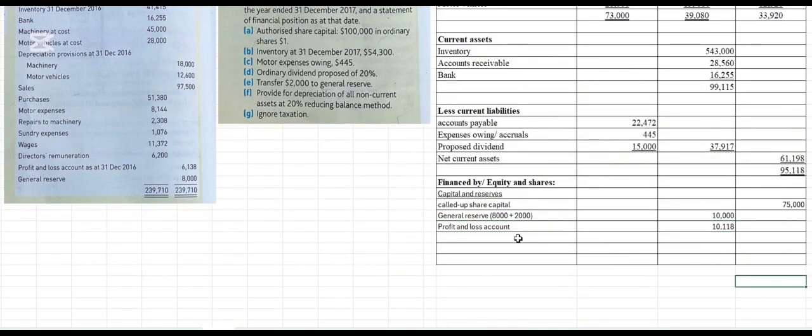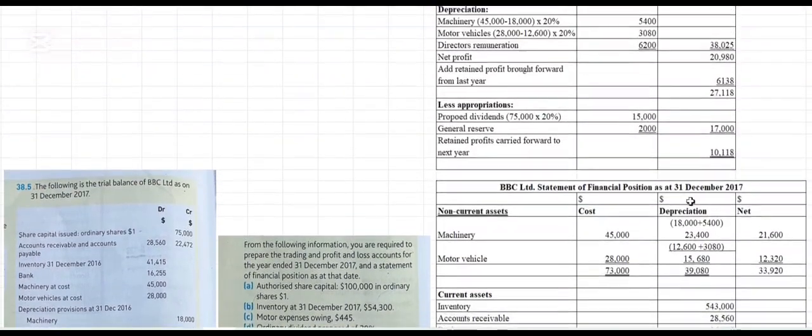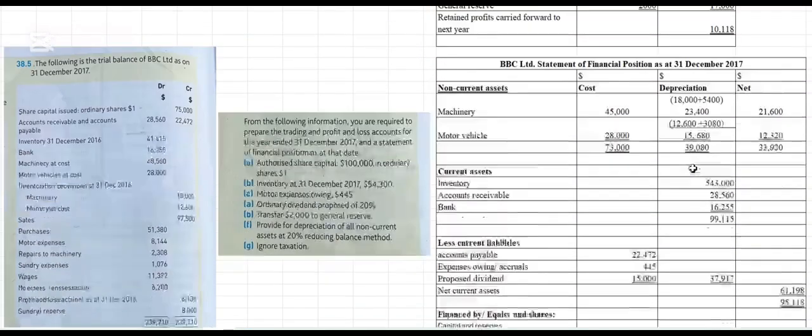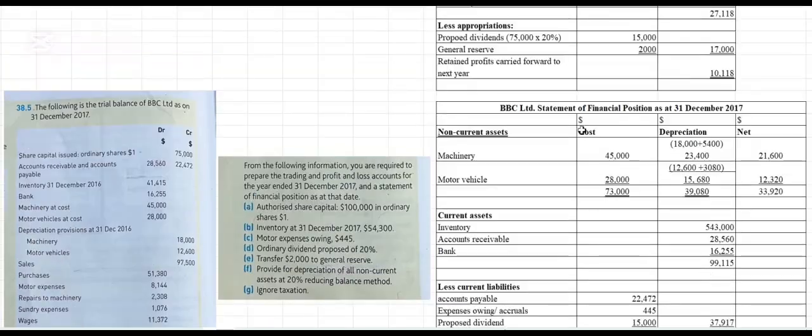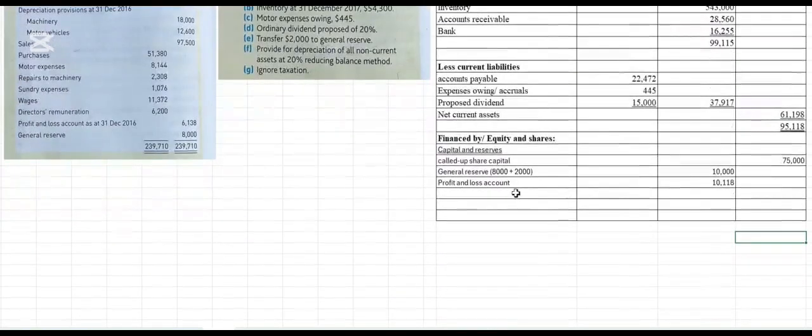So do not mistakenly put your net profit figure in place of the retained profits brought to next year in this section, because that will throw it entirely off. You add the general reserve total plus the profit and loss account, and you'll arrive at 20,118.